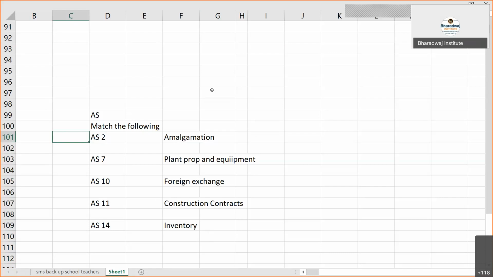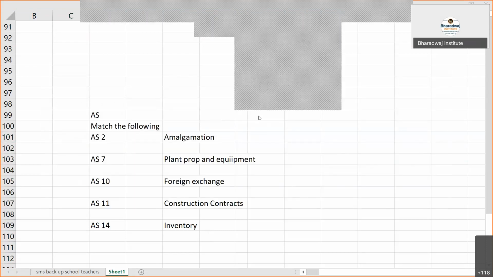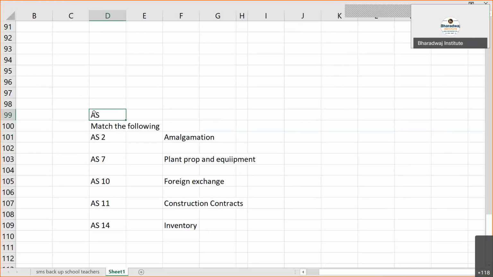In every examination they've asked. You can go through the past papers also. You can find this match the following question in accounting standards, let it be Group 2 company accounts or Group 1 financial accounts. They can give any accounting standard number up to AS 29. You should remember just the accounting standard name and the number.